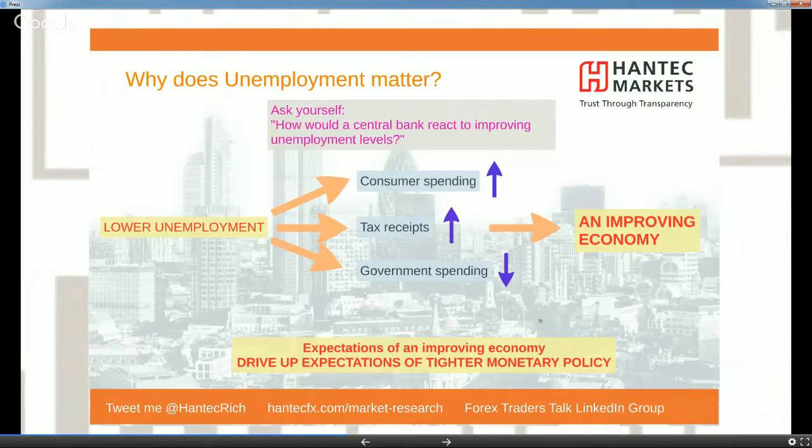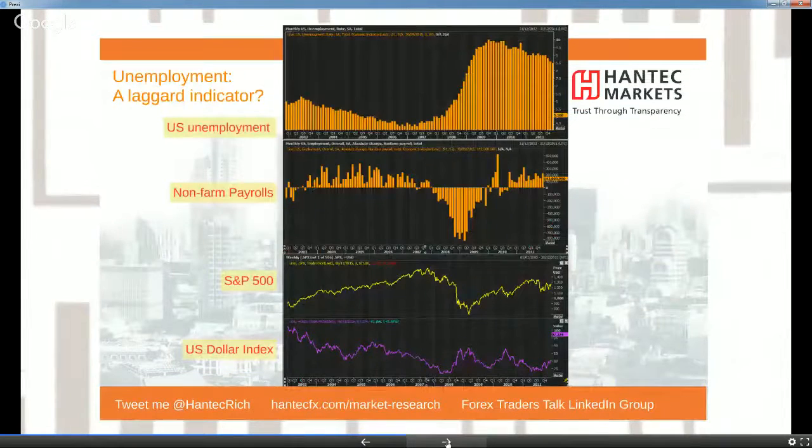So the government will need to borrow less, and generally I think the state of the economy would be improving. And as I said, it's a virtuous circle and has knock-on impacts throughout asset classes because of the impact that it has on the economy.